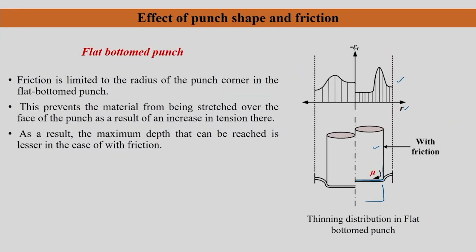The lower figure shows two different stages, with friction and without friction. This is a flat bottomed one, and you will see that the thickness strain distribution is not the same.